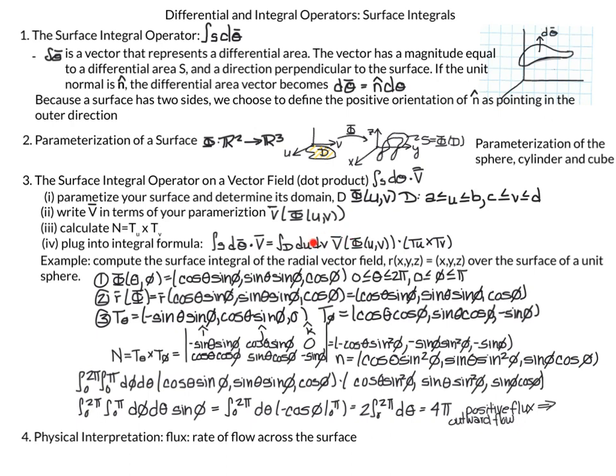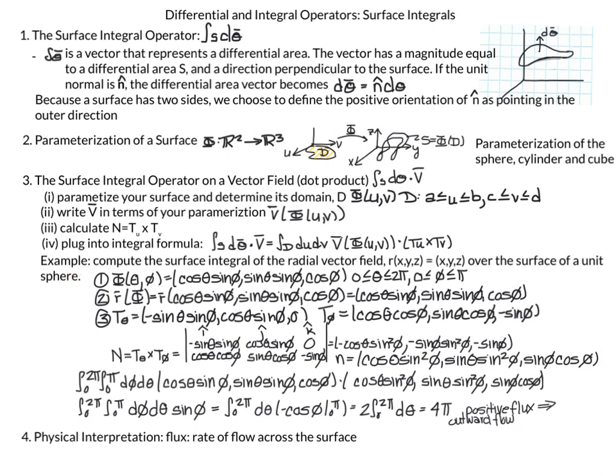So this is our vector field composed with our surface, and then our vector normal to the surface. And we will work out this example where we compute the surface integral of the radial vector field r of x, y, z over the surface of a unit sphere.